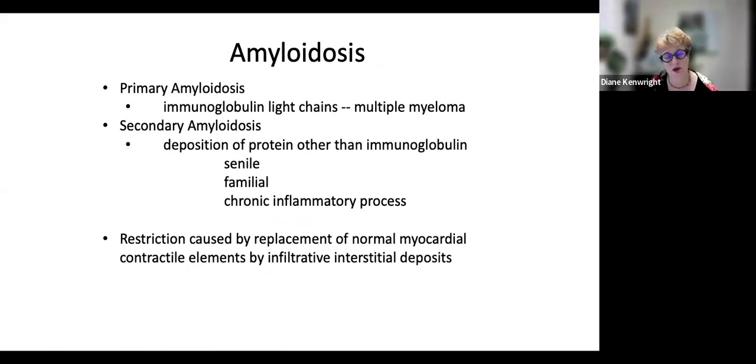The production of amyloid can occur due to light chains in multiple myeloma or secondary amyloidosis, often due to a chronic inflammatory process or age or sometimes a bad gene. Amyloidosis can kill by deposits that occur between the heart cells, preventing them contracting.